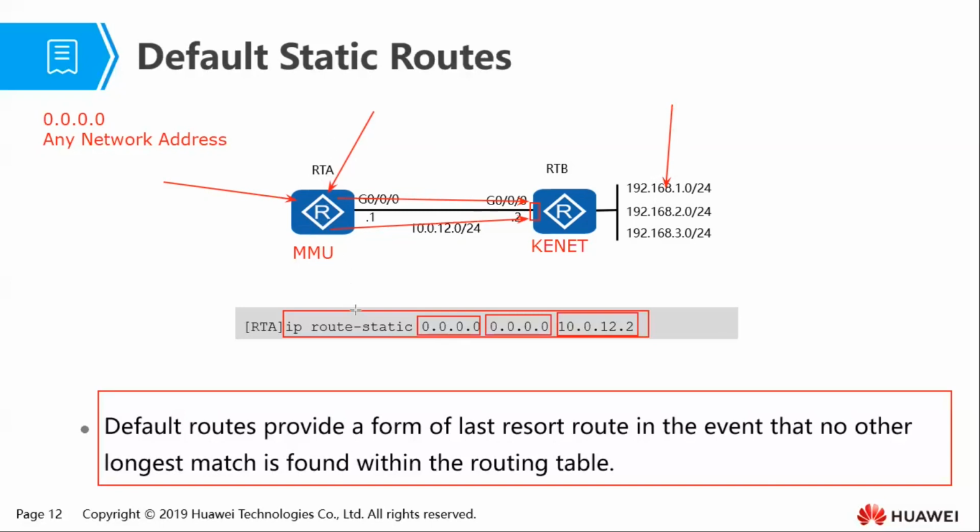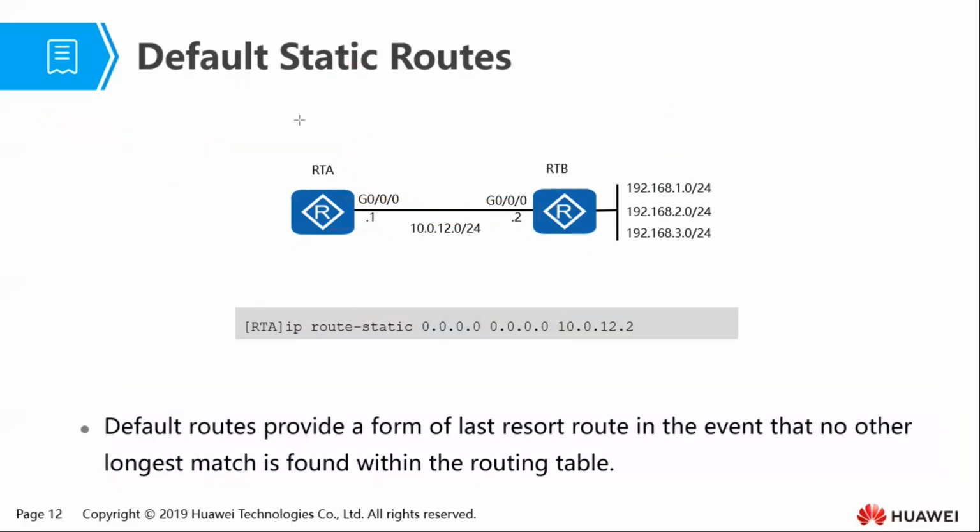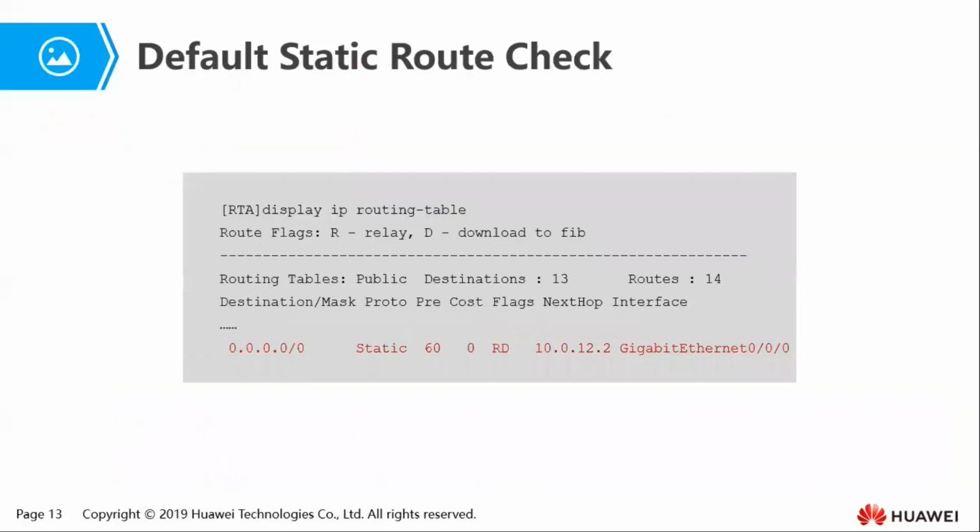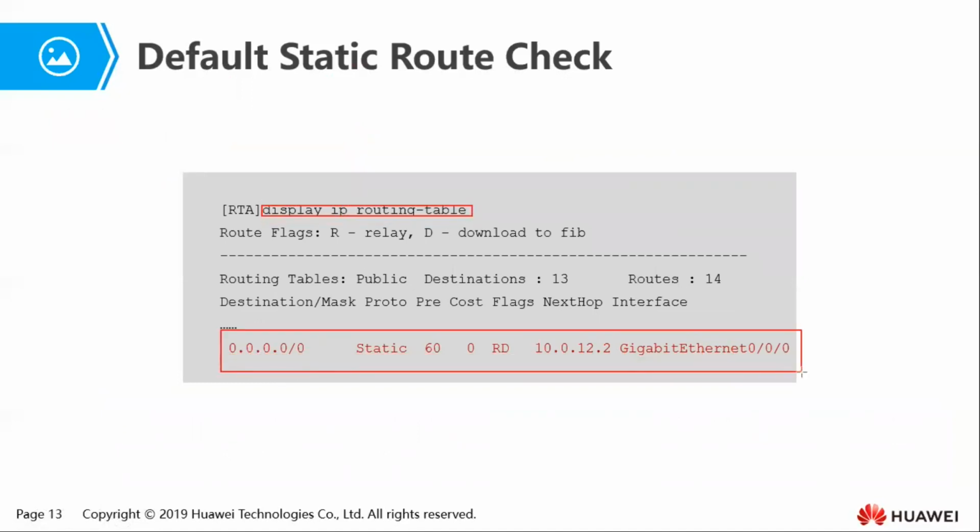So sometimes for that purpose, we might want to configure a default static route. So that is the concept of the default static route. It will usually be installed on the routing table, so if we use display ip routing-table, we should find it there.